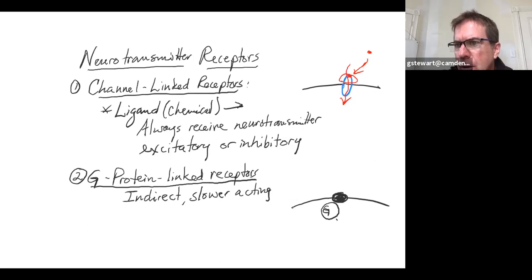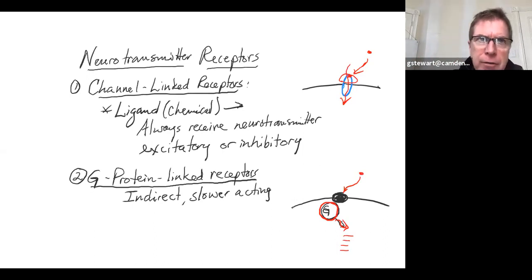That causes this whole chemical response to occur within the cell. There are many more steps. The chemical has to bind here, and then it activates this, which activates usually a cyclic AMP as a second messenger. There are several steps involved, and so it's much slower acting. We tend to find these G protein linked receptors, also called metabotropic receptors, in the central nervous system, particularly in higher learning processes.